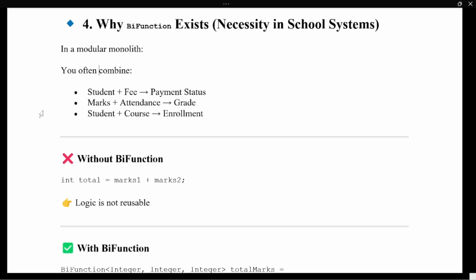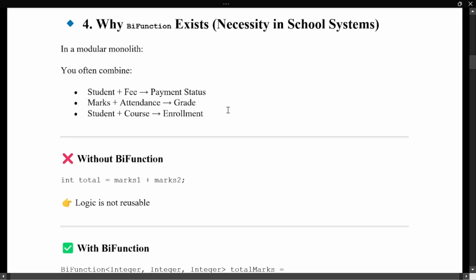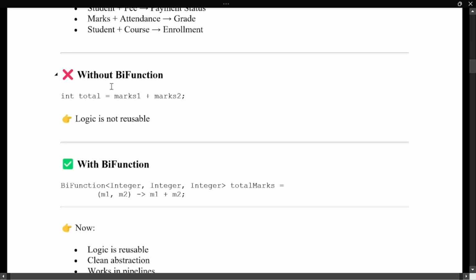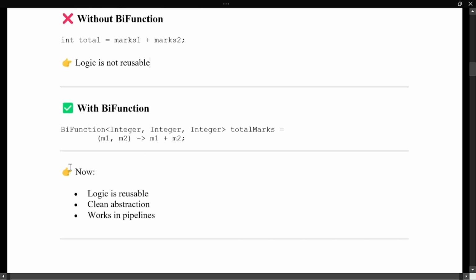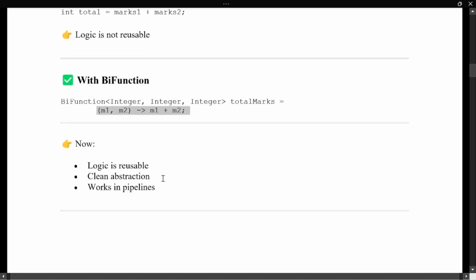Also student marks plus attendance returns the grade, and student object along with course returns the enrollment. Without BiFunction, logic is not reusable. With BiFunction, you can have this logic reusable and it works in pipelines.